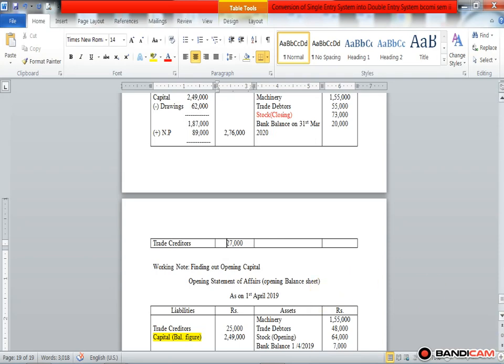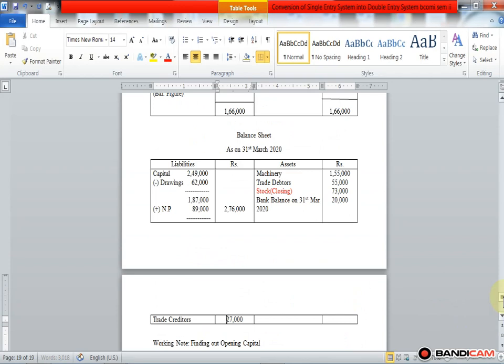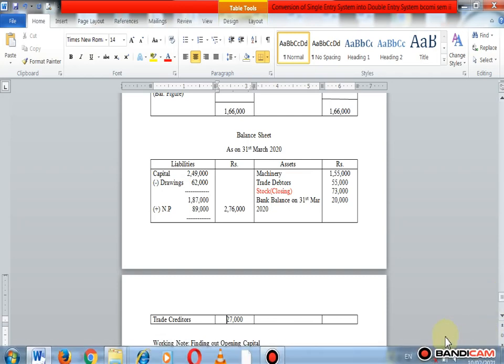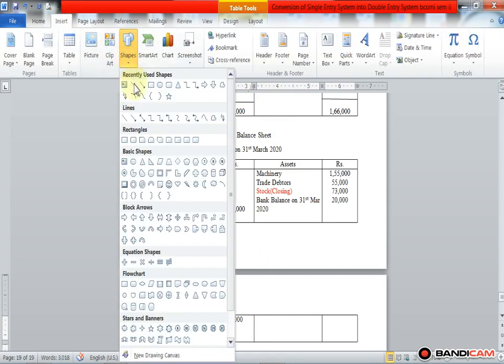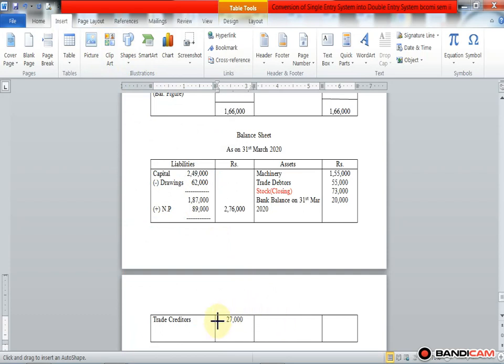Now we make the total of the asset side: 1,55,000 plus 55,000 plus 73,000 plus 20,000. Okay, so both sides are equal. The total of the liability side is 3,03,000 and the total of the asset side is 3,03,000.